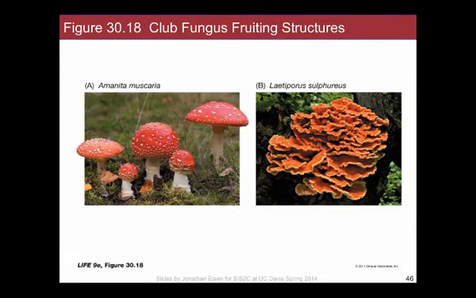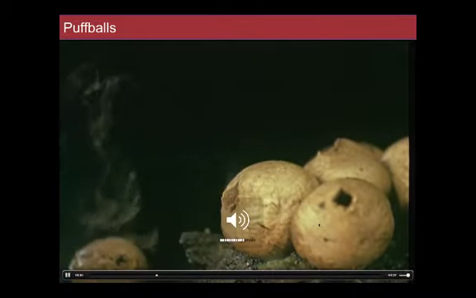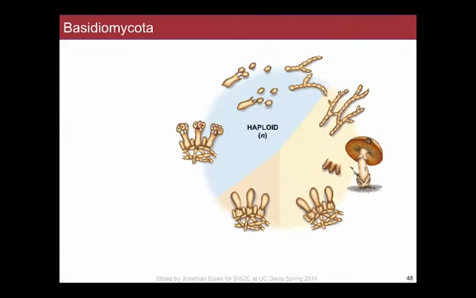Many of the familiar mushrooms to you may be in this group, and many of the fungi that grow out of the inside of tree trunks that you see all over the place are in this group. The puffballs that I showed you this video of before are in this group, and many of the members of this group release spores into the air for dispersal.